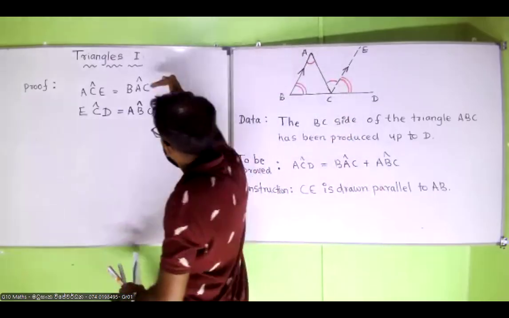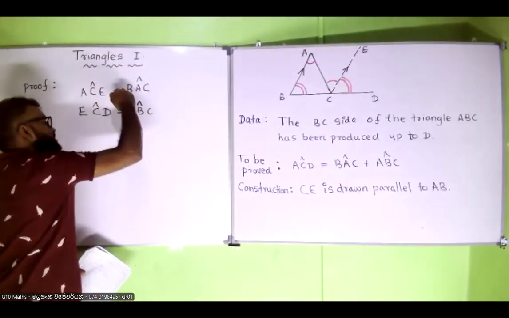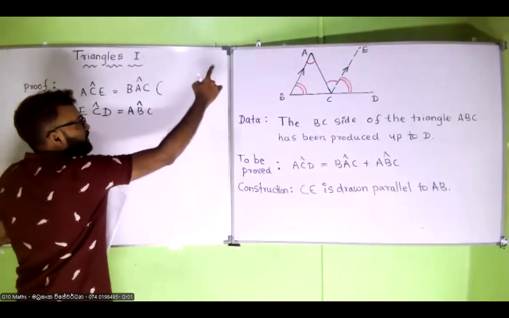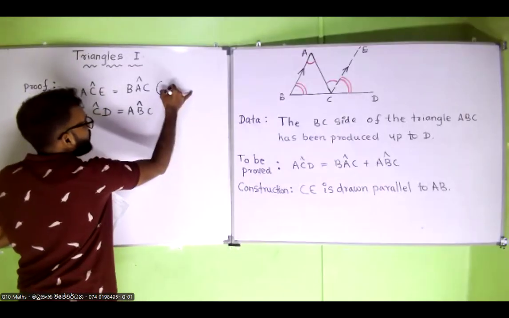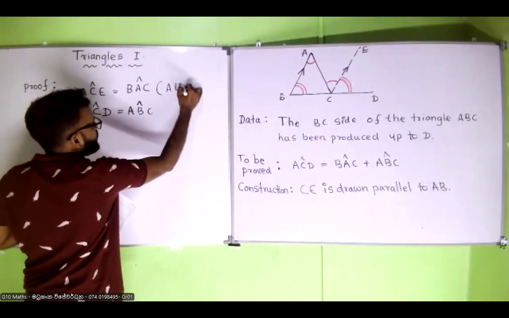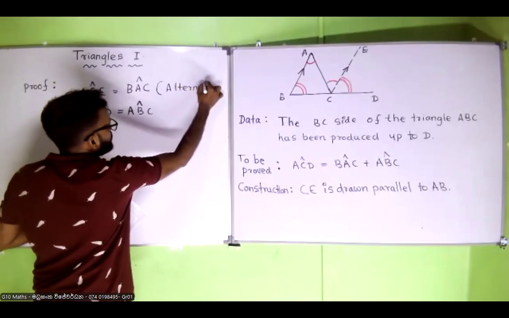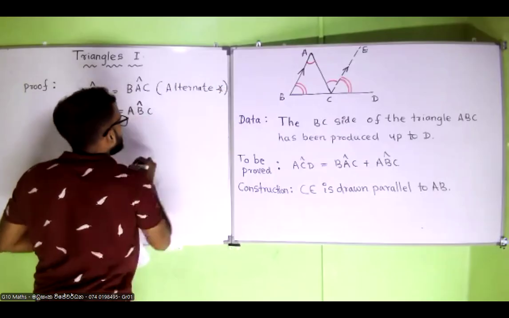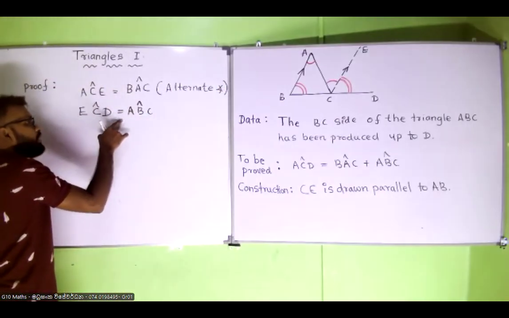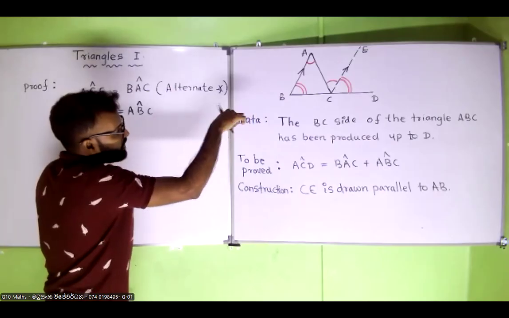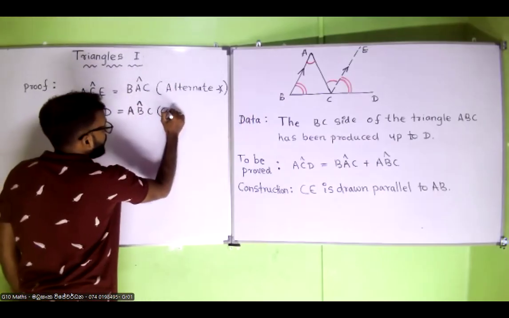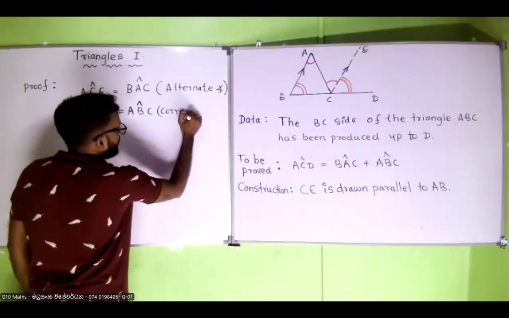So for ACE and BAC, what is the reason? You already know: alternate angles, the Z type. Why does angle ECD become ABC? F type angle, corresponding angles.